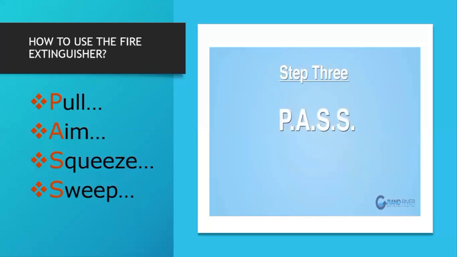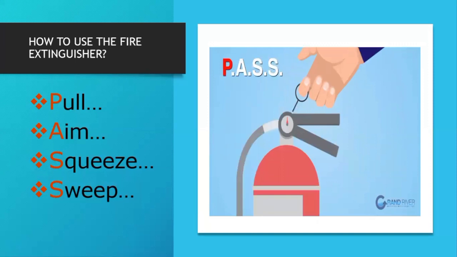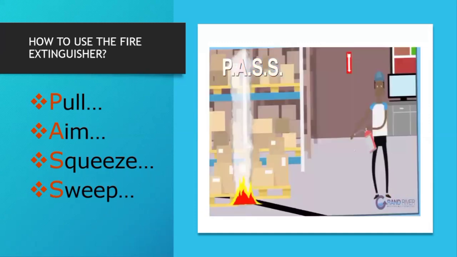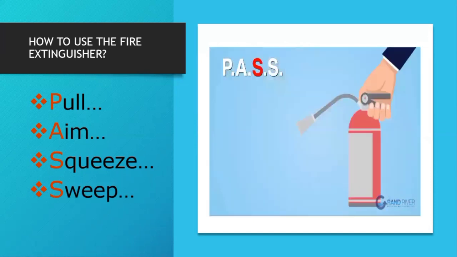Here now is the PASS system. What are you going to do? You have to pull the pin, but before pulling the pin, you have to remove the seal first. Next, hold the nozzle, pointing at the base of the fire.